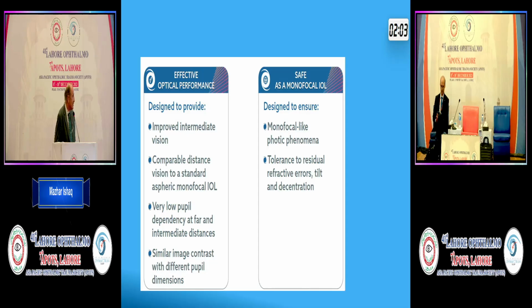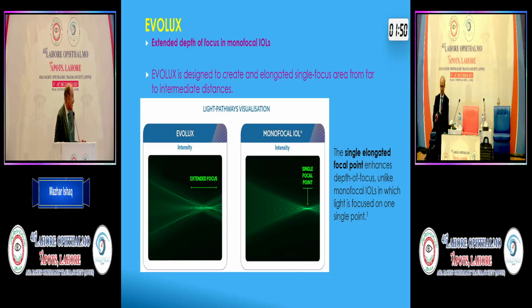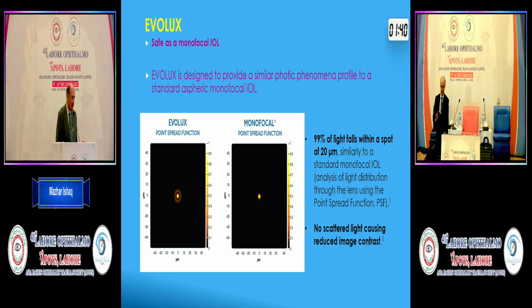So it's as good as a normal monofocal, and it is because of the spherical aberration distribution of opposite sides in the middle and the monofocal periphery. So this is how it is done, but I'm not going to go into the depth of the physics of it. In this case, what we say is an extended focus as compared to a single point focus, and that is how it works.